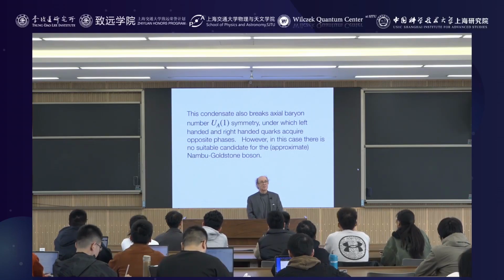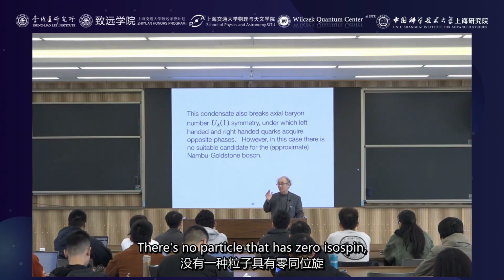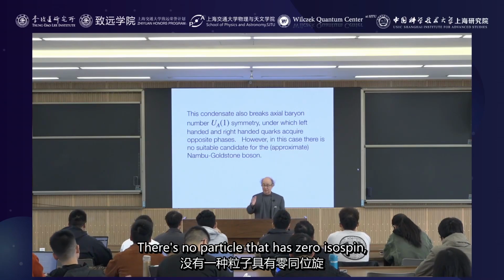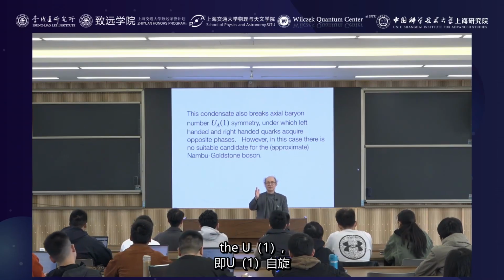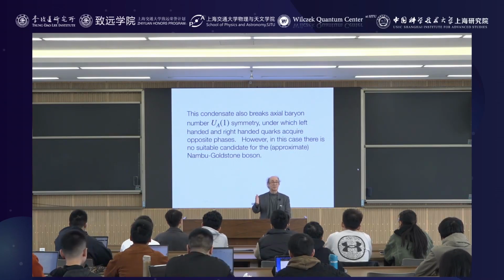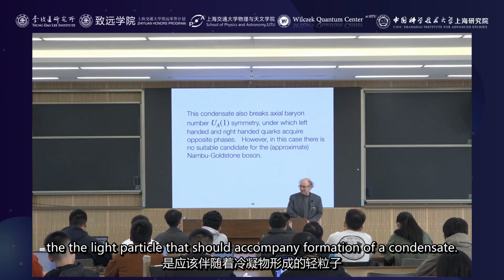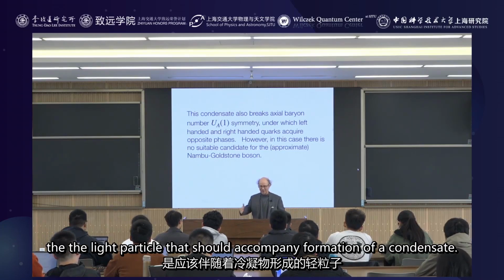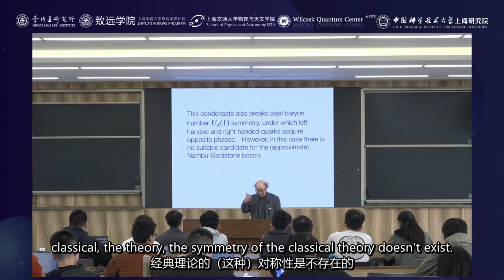In this case, there's no analog of the pion, there's no particle that has zero isospin, is associated with the U1, and is light like the pions. So there's no such beast. Something is missing. The light particle that should accompany this formation of a condensate, if you believed in the symmetries of the classical theory, doesn't exist.